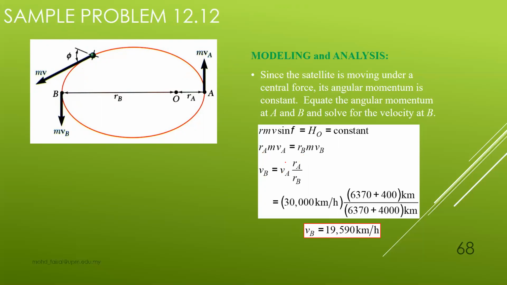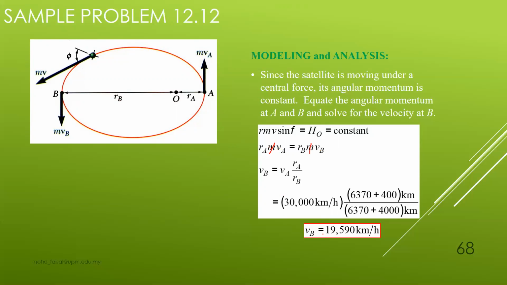Therefore, you can rearrange this equation like so. m is cancelled because the mass of the satellite remains the same at A or at B. However, the only difference is rA and rB. rA is 400 km, rB is 4,000 km, and at point A it is 30,000 kilometers per hour.